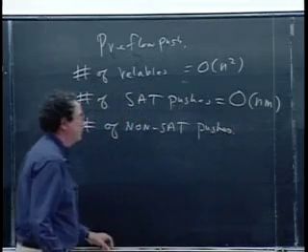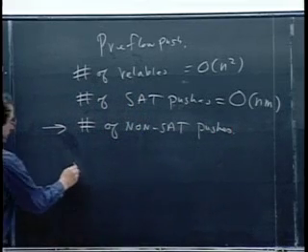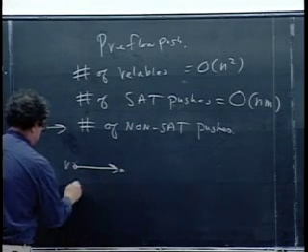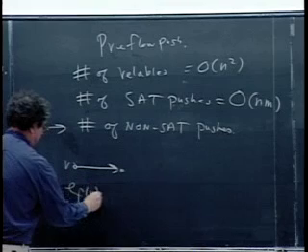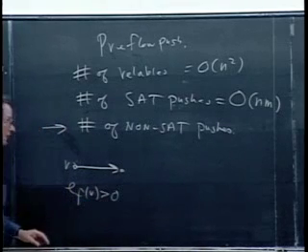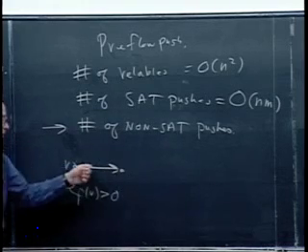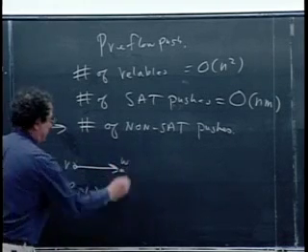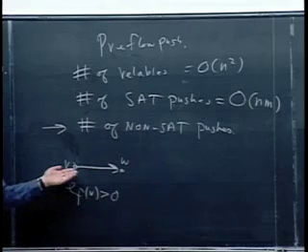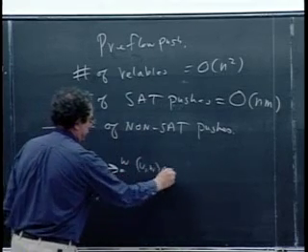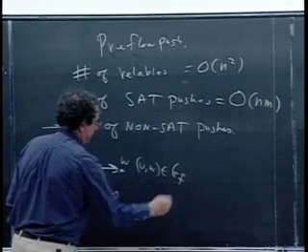Remember what a non-saturating push is. Here you have excess at V, so the excess e(v) is greater than 0. And you have an edge which allows you to push on it. That edge has to be in the residual graph.